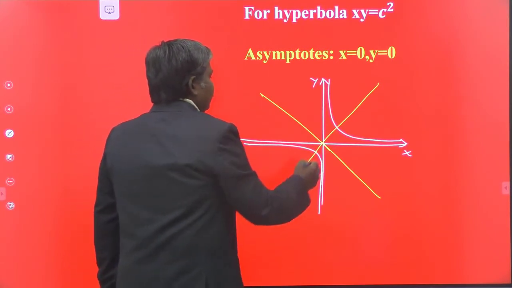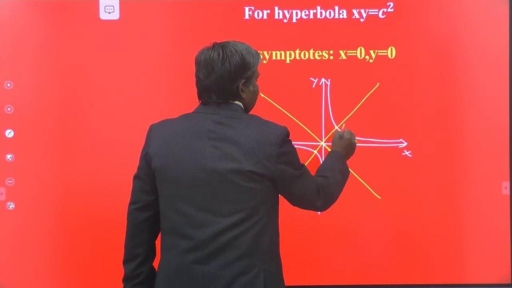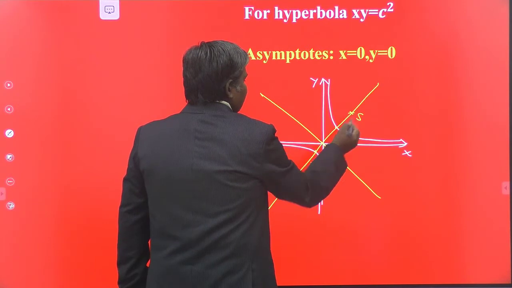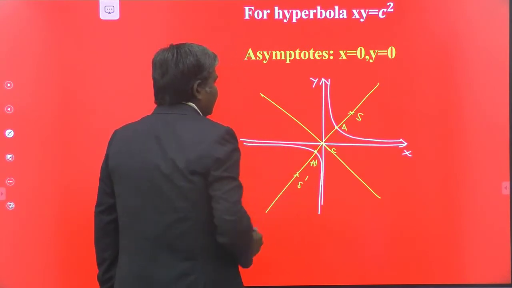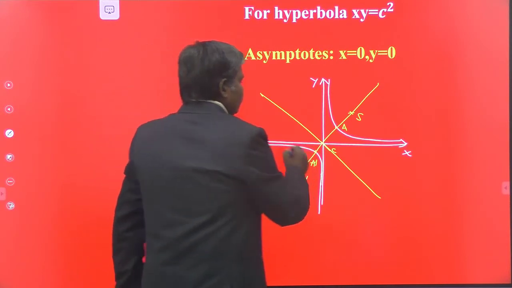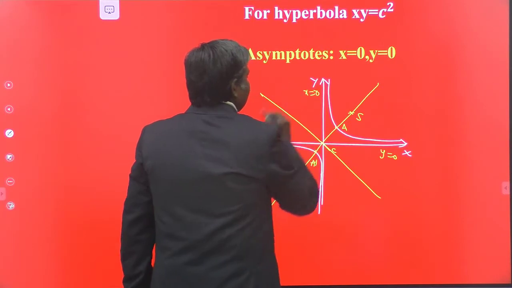These are the axes. So this is the vertex. This is A, this is A dash, this is the center. Its foci are like this, S and S dash. So asymptotes are what? Coordinate axes. What is the x axis? y = 0. What is the y axis? x = 0.